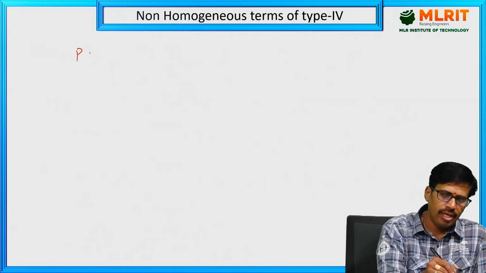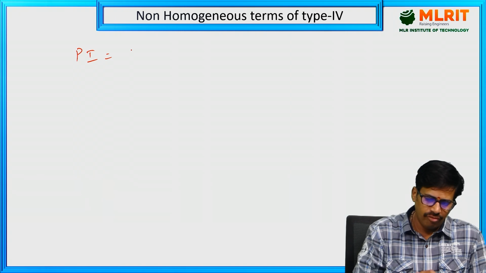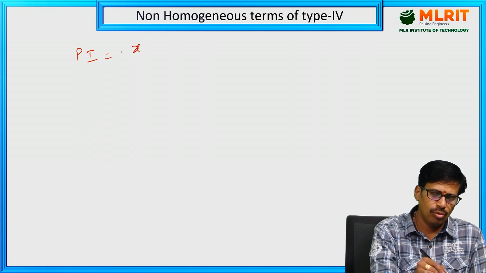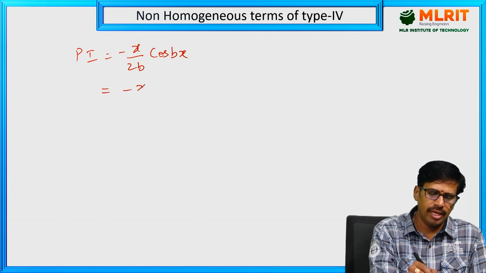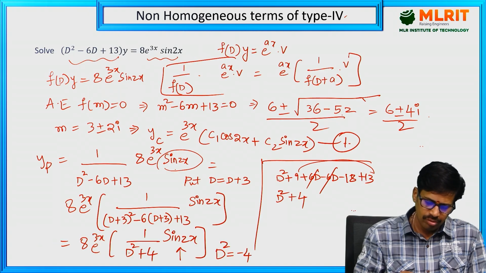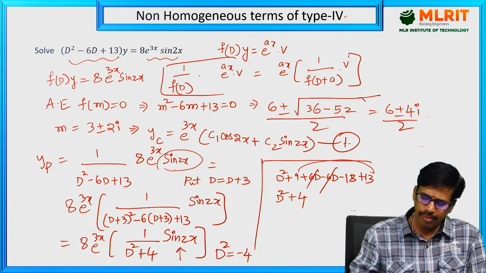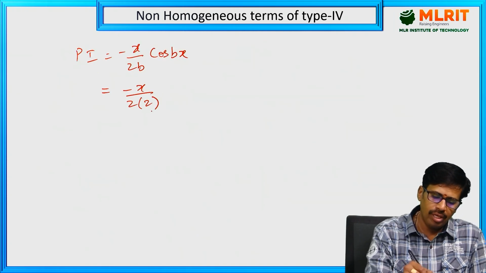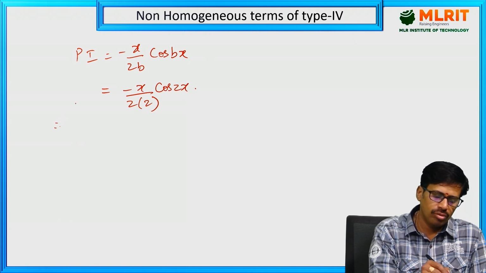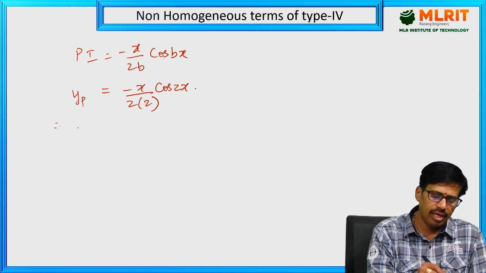So the formula is, the function is sin, so minus x by 2b cos bx. Here minus x by 2 into, what is the b value? sin 2x means b equals 2. So b equals 2, cos 2x. Therefore this is only yp, the particular solution.